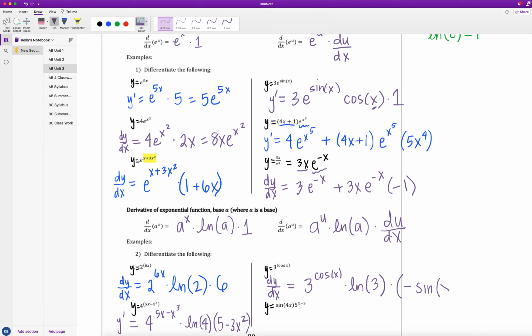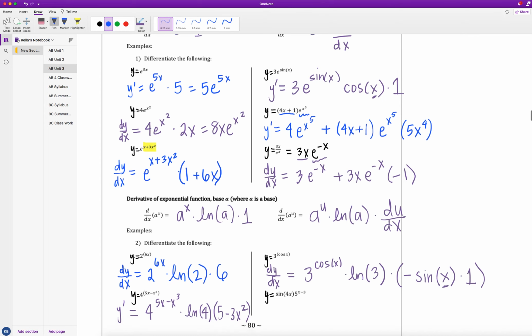I have to keep the inside function the same, times the derivative of the inside function, which is 1, from that derivative of that x. So we do want to keep in mind that our chain rule is still definitely relevant in this section, especially if we're incorporating trig functions, although the multiplying by 1 won't change anything. If this was cosine of, let's say, x squared, then I want to make sure I'm taking into account the derivative of the inside function.